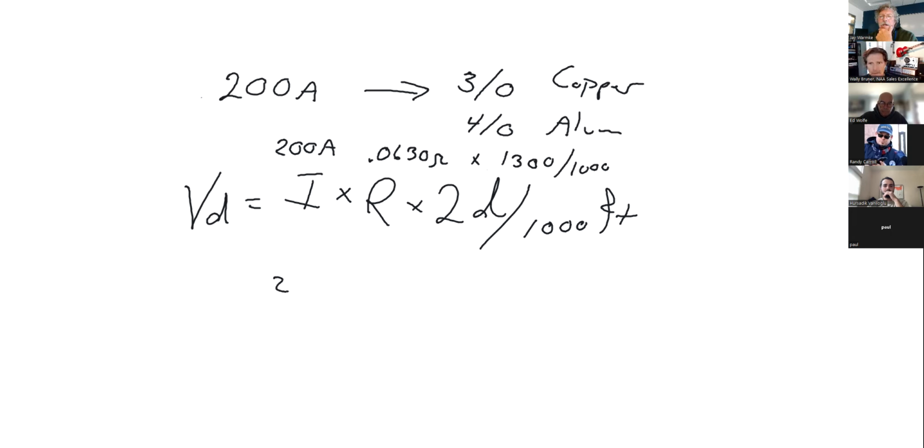So now it's going to be 200 amps times 0.063 ohms times 1.3. So taking out our handy calculator, 200 times 0.063 times 1.3 equals 16.38 volts.